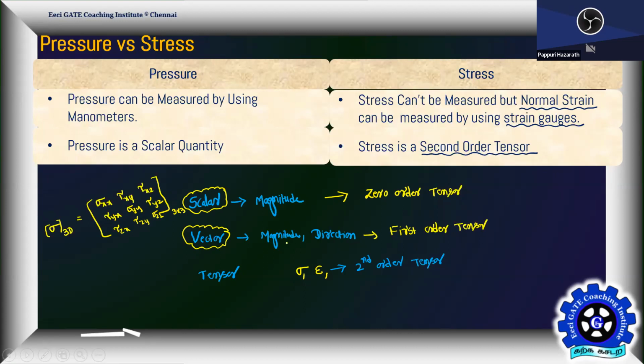That is why only magnitude and directions are not sufficient, and we are going to a little higher order.